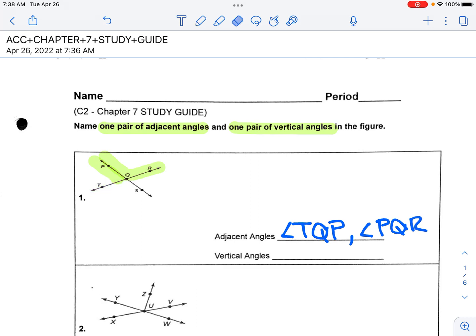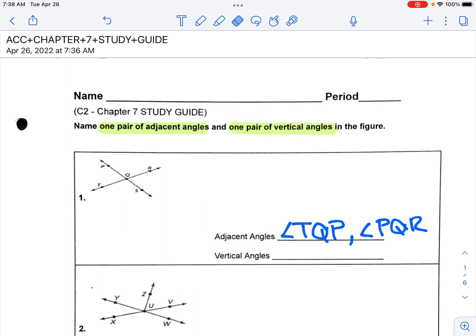Now, if you didn't choose those, you could have chosen angle PQR and RQS. You could have chosen TQS and RQS, as long as they're sharing a side.